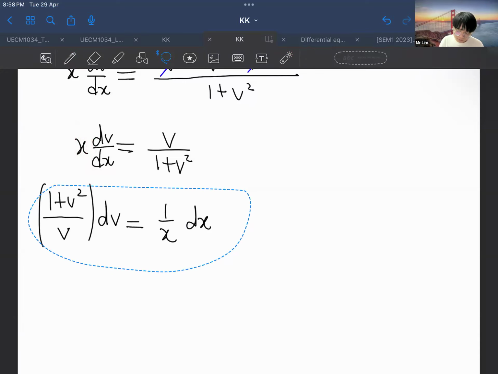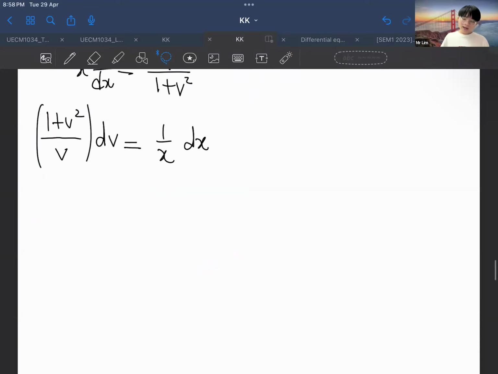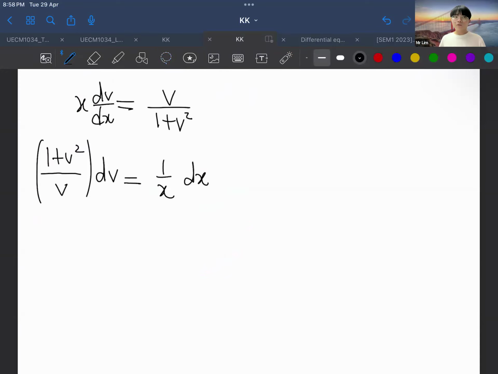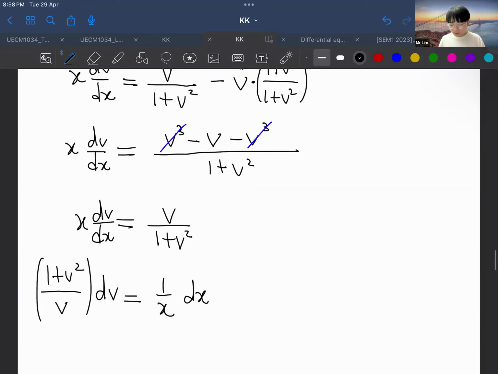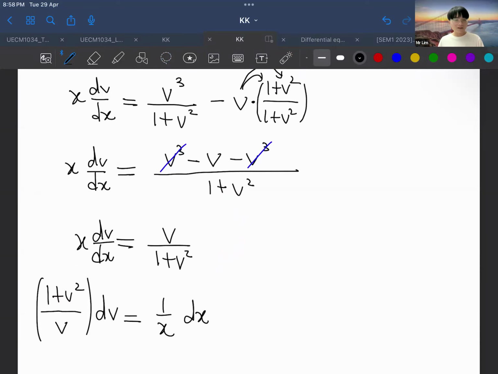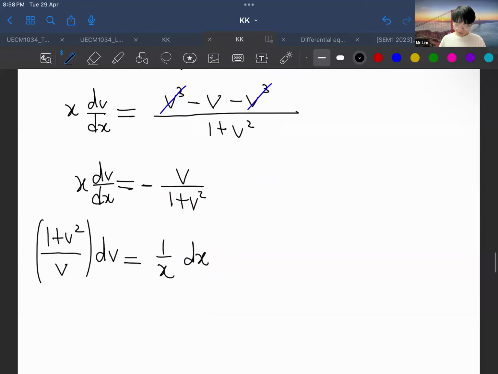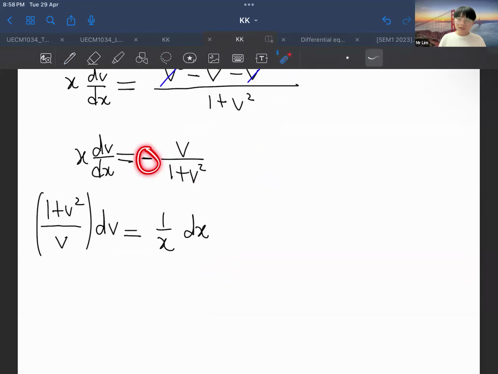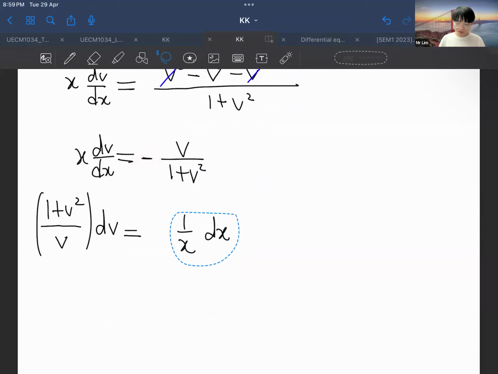Okay. And then the next step, wait, y not minus v. Is it minus v? Yes, it's a minus v. Thank you so much. So minus. Okay. So this minus, you can either put it here or you want to bring to other side, but normally I just leave it to the one that is simple.